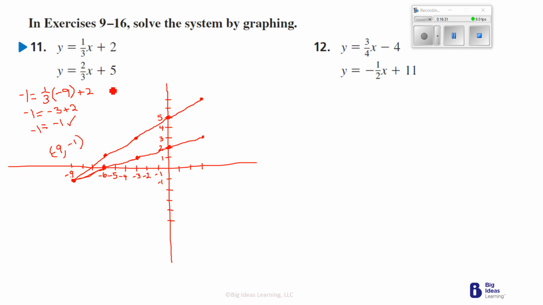Now let's try this other one. If y was -1, will it equal 2/3 of -9 plus 5? Well, once again, this would be -1 equal to 2/3 of -9, which would be -6.